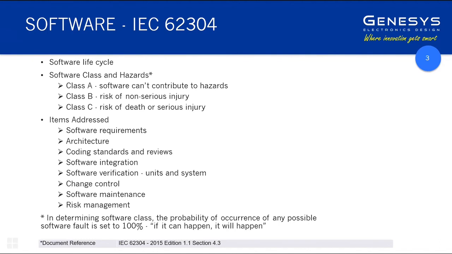So for example, if you've got a diagnostic tool, then the software that drives the data gathering and making decisions in relation to diagnosis would clearly be class B. But if you then have software that takes, say, a PDF file printout of those results and conveys that to a PC for storage and printing on a printer, then you can argue that the data communications aspects of that could be class A. So you can partition software in that manner with care, and that gives you some relief from the SOUP issues in relation to the bits of the software that you are not dependent upon for the formal diagnosis information conveyance.